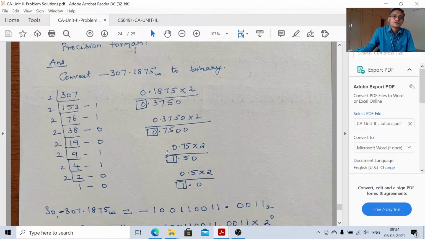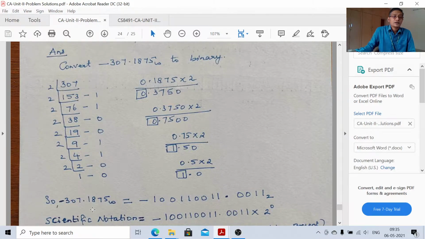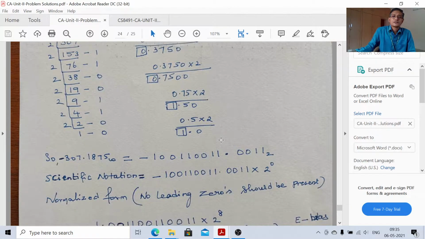So the final answer after converting the given decimal number into binary is minus 307.1875 to the base 10 is equal to minus 100110011.0011 to the base 2. So this is the binary representation.